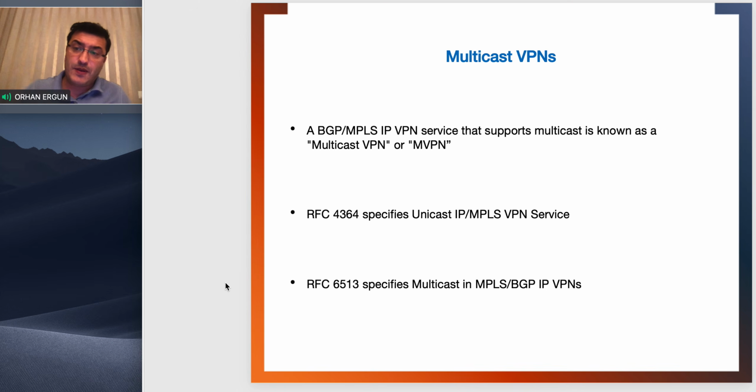And it was specified in RFC 6513. Actually, lots of the talk of this training on multicast VPNs is already in this RFC. Of course, sometimes understanding may not be that easy. Also, most of the examples we will be covering from the Cisco point of view.